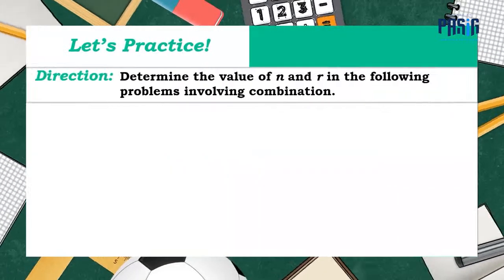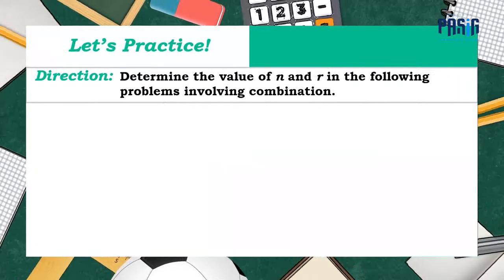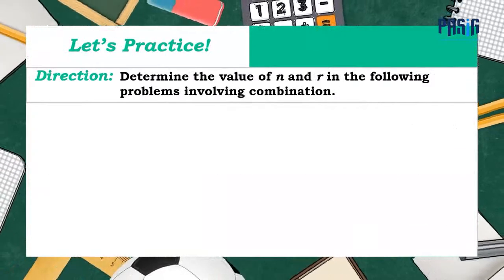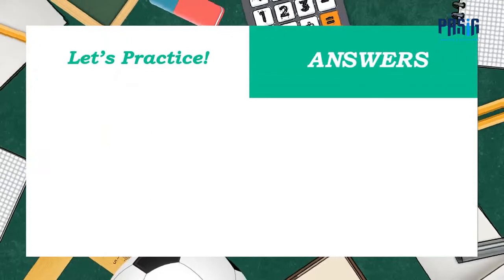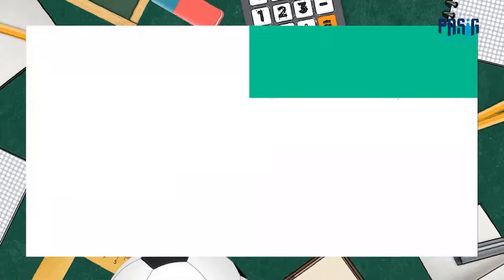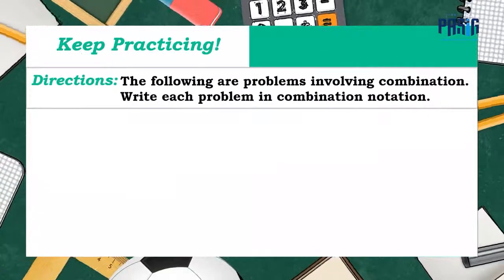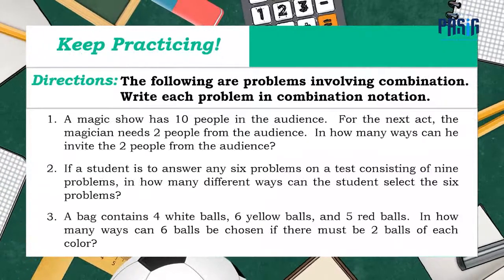Let's practice. Determine the value of n and r in the following problems involving combination. Now check your answers. Activity number 2. Keep practicing. The following are problems involving combination. Write each problem in combination notation.